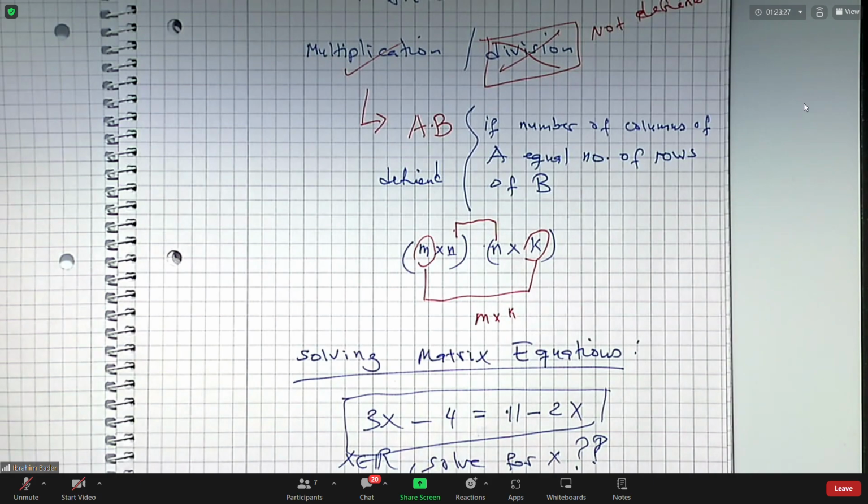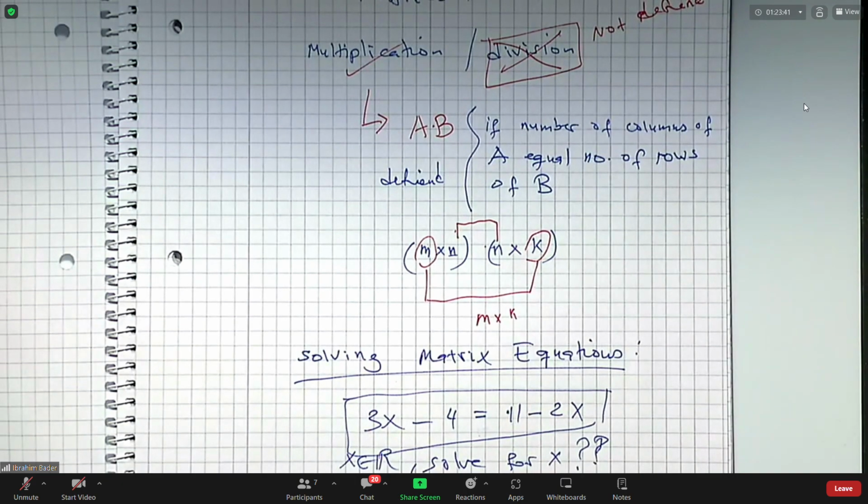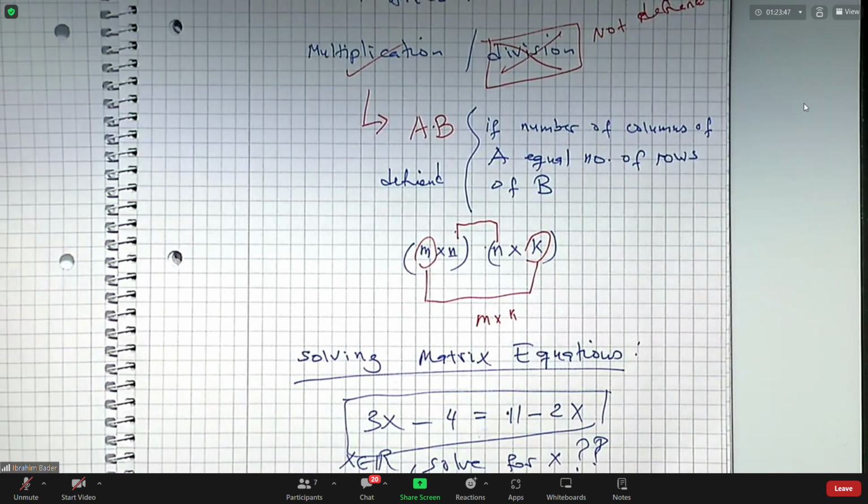How will you isolate x? Okay, so you will be having here, let's say, 5x equals 15, right? Now the next step, what do you do? You divide by 5, right? To get x equals, let's say, 3 here.